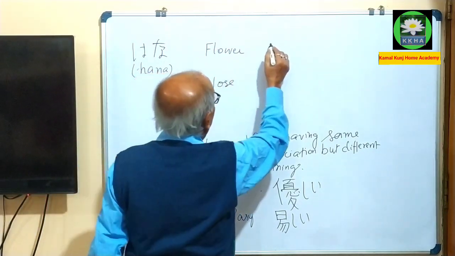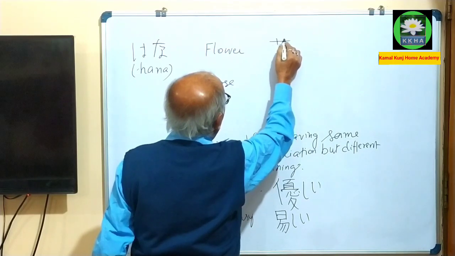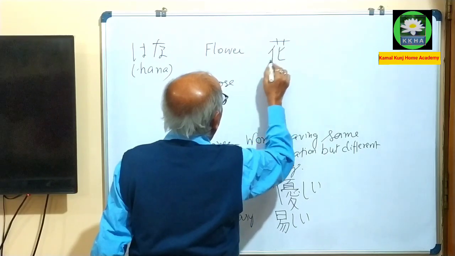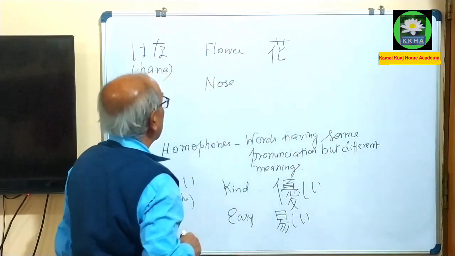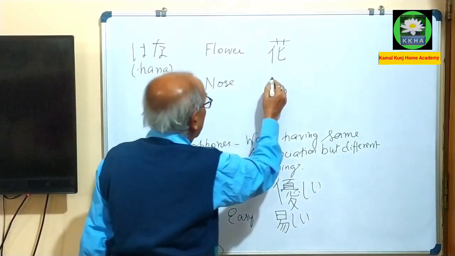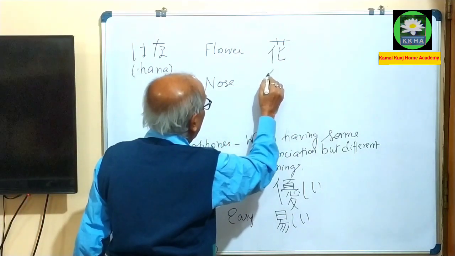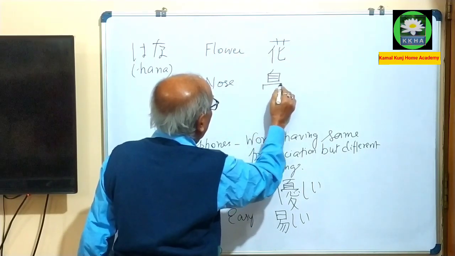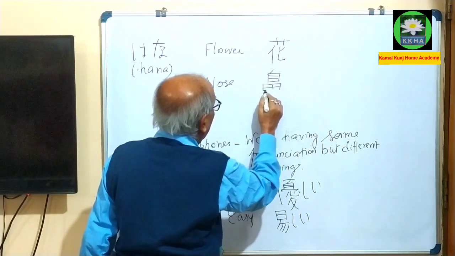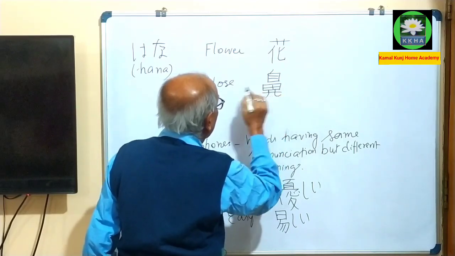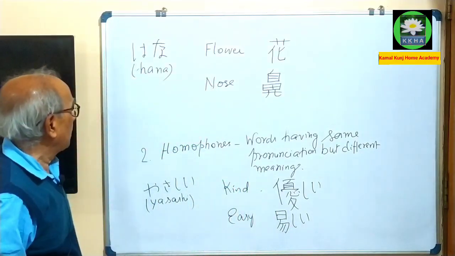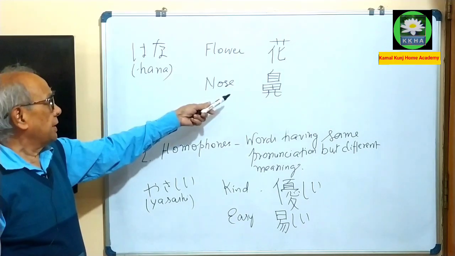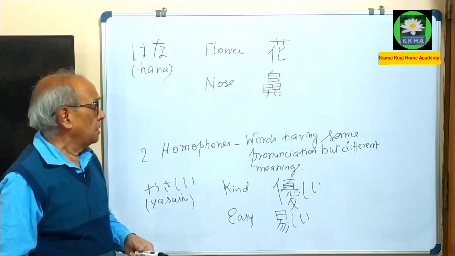Kanji for flower is Hana. And for nose, kanji for nose is this. So pronunciation is same, Hana, but meanings are different, flower and nose.